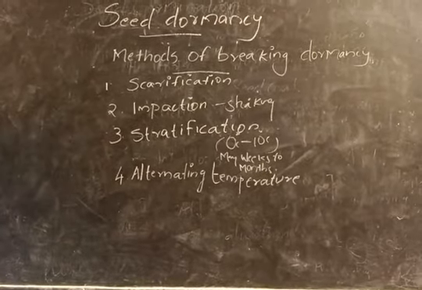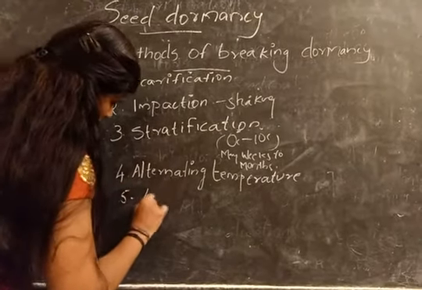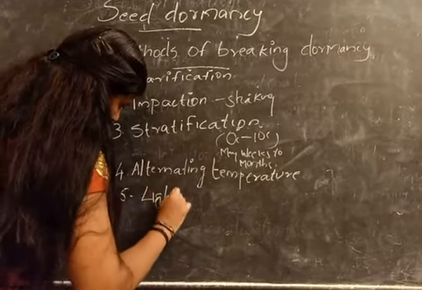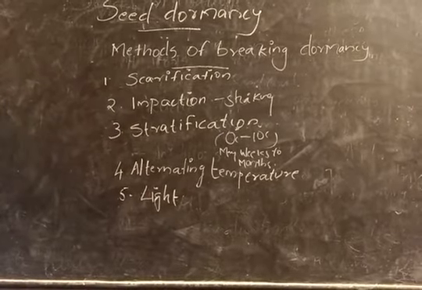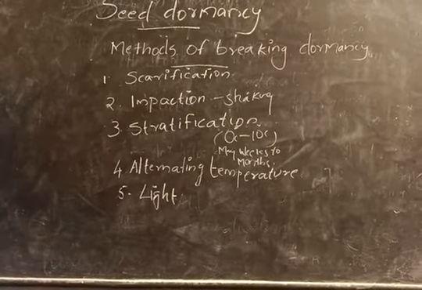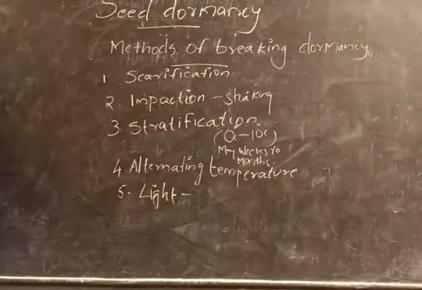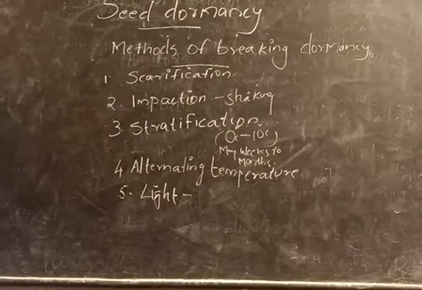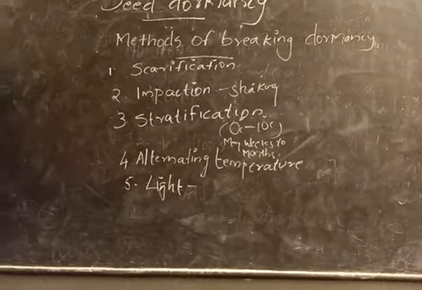Then the last one is light. The dormancy of photoblastic seeds can be broken by exposing them to red light. We already discussed photoblastic seeds, which are seeds that require a sufficient amount of light for germination.